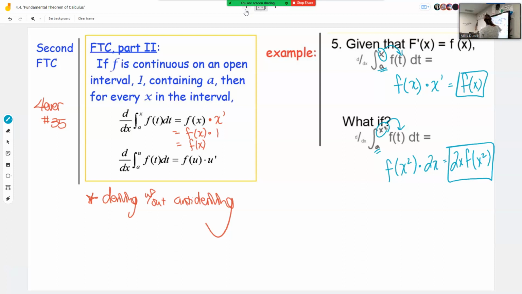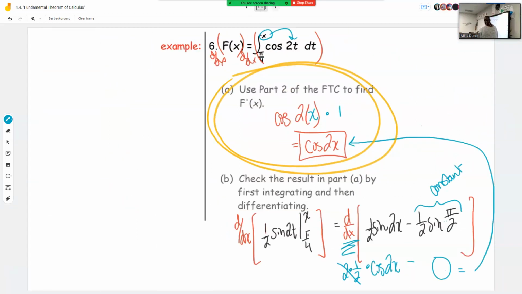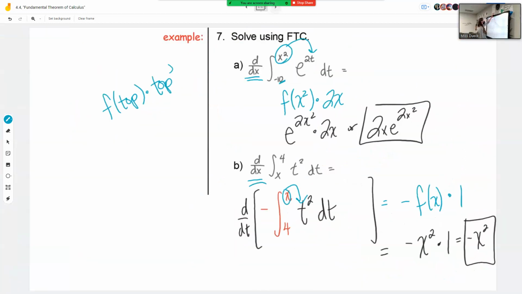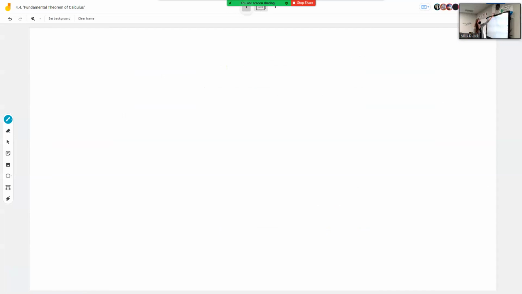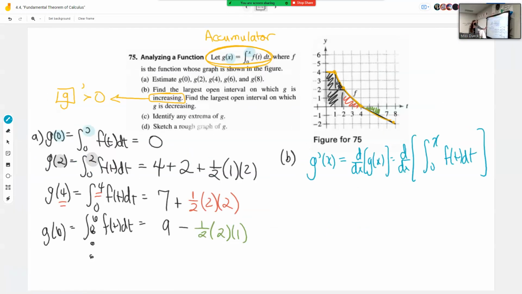I can take the derivative of an integral by taking that top bound, bringing it down, and then multiplying by the top bound prime. So when I come over here and try to actually do that in my function, top bound, bring it down, times top bound prime. Oh, hey, G prime is just f of x.